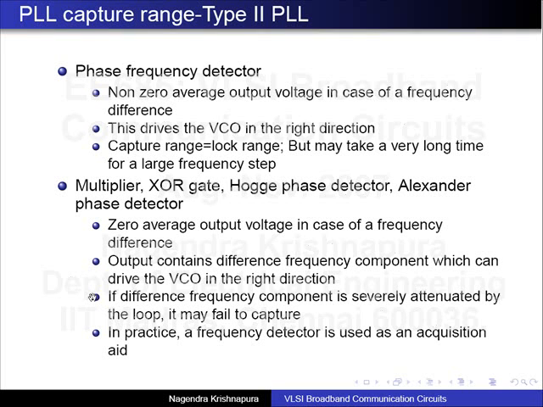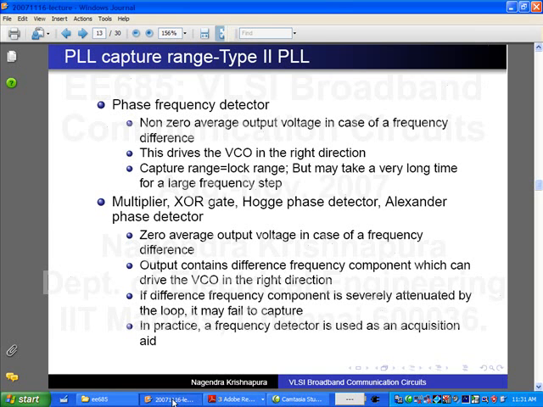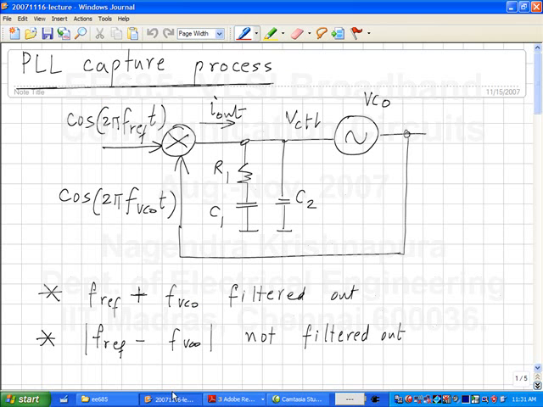Let me go to the analysis. So let's imagine a phase lock loop like this. In this case, instead of XOR gate or PFD, I have assumed a multiplier to be a phase detector.